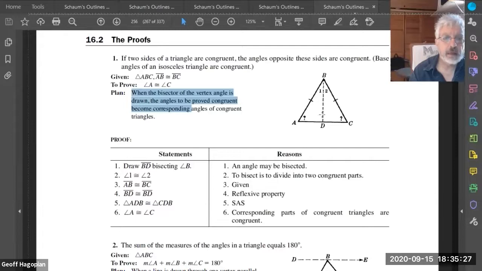Because BD is congruent to itself, AB is given congruent to BC, and angle 1 is equal to angle 2 by the construction of the bisector. So by side angle side, triangle ABD is congruent to triangle CBD, and that's this step right here. And then corresponding parts of congruent triangles are congruent.